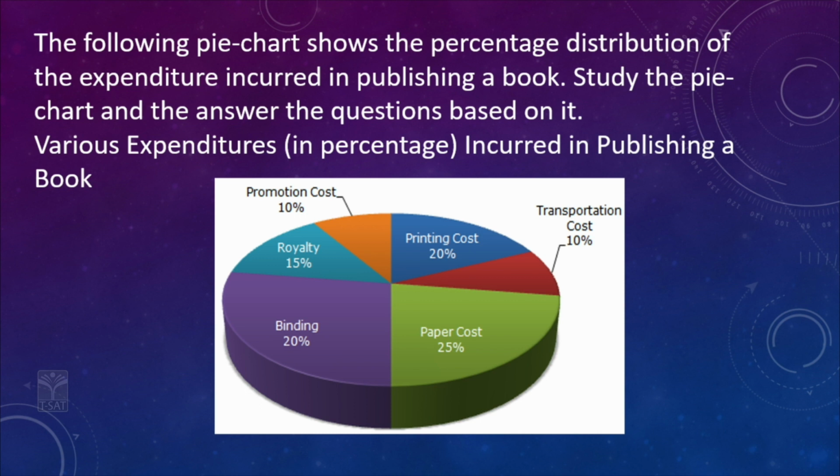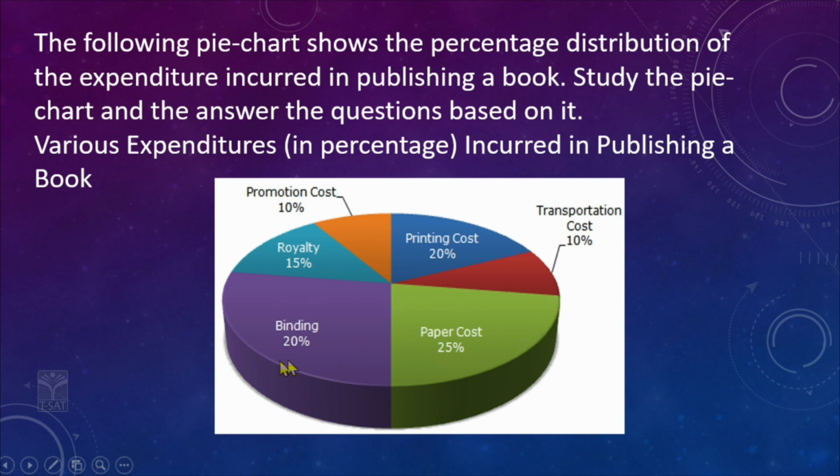The following pie chart shows the percentage distribution of the expenditure incurred in publishing a book. Study the pie chart and answer the questions based on it. To publish a book, there are so many things, sir. We have a printing cost. To transport the book, the paper cost is there.